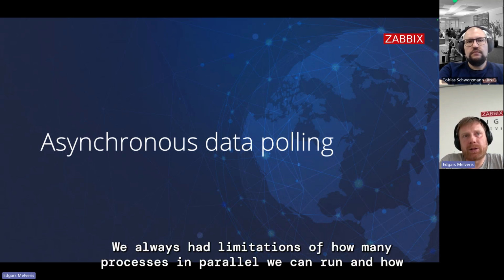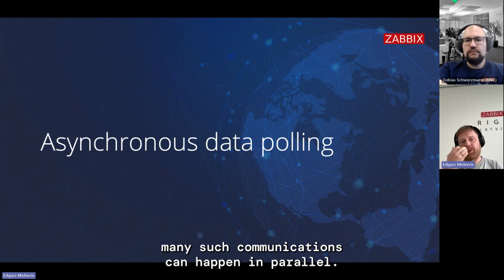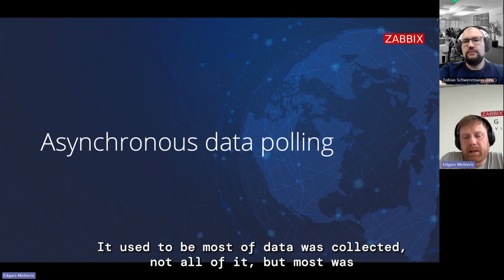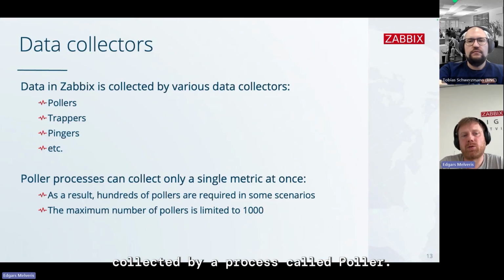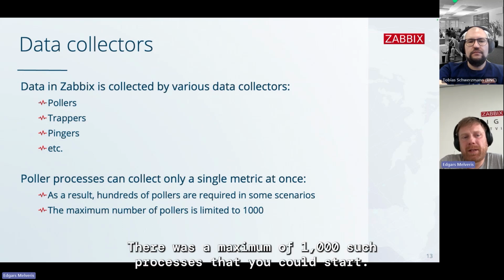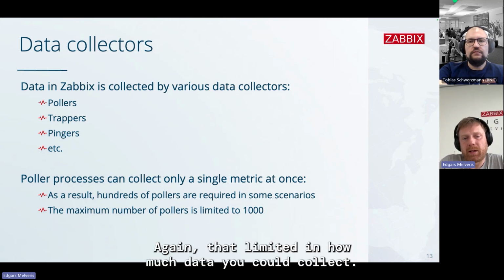And we always had limitations on how many processes we can run in parallel and how many such communications can happen in parallel. It used to be that most of the data, not all of it, was collected by a process called poller. And there was a maximum of 1,000 such processes that you could start. That kind of limited how much data you could collect.